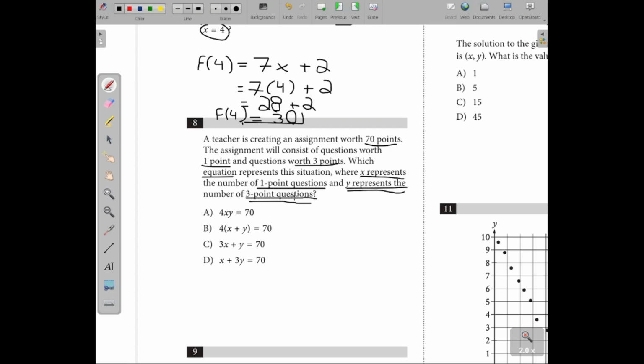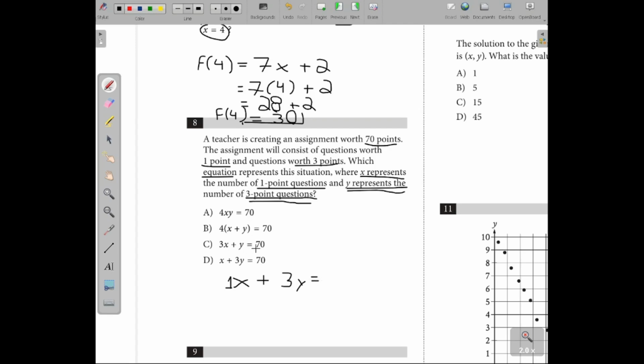So two types of questions. These questions are worth 1 point and are represented by x. Plus the 3 point questions that are represented by y.